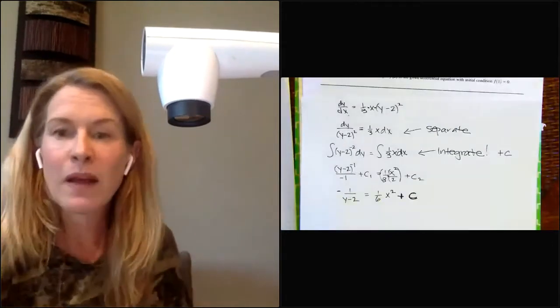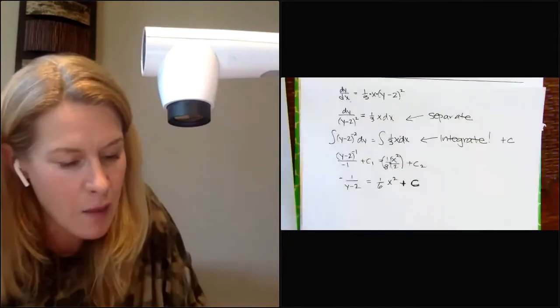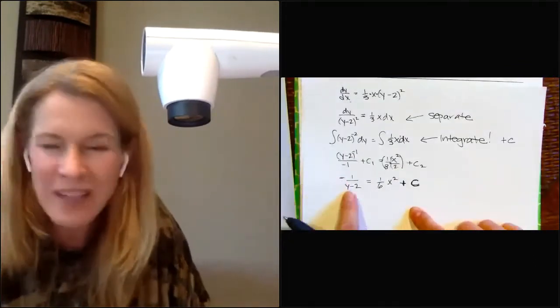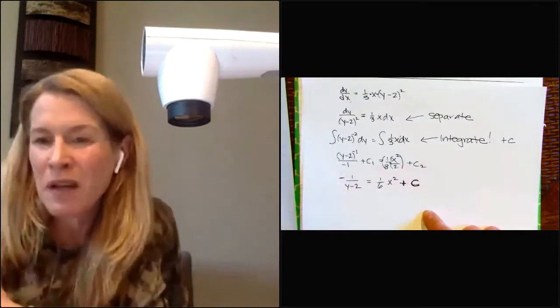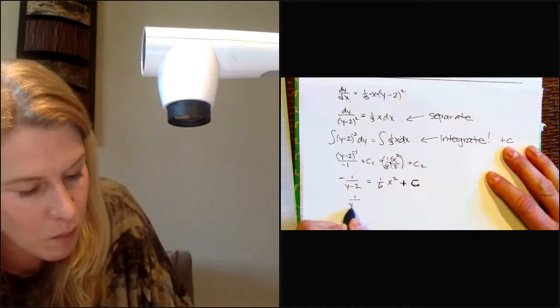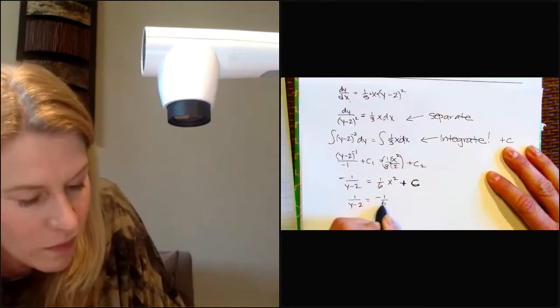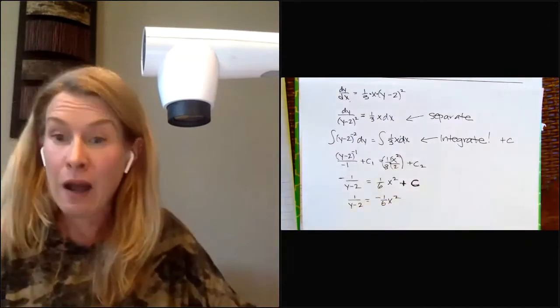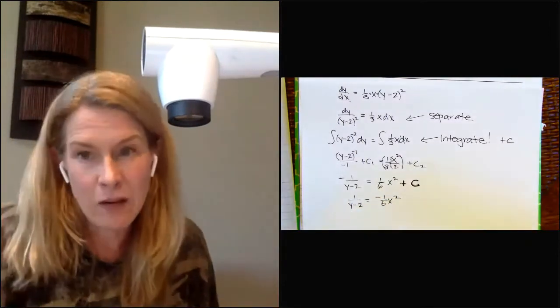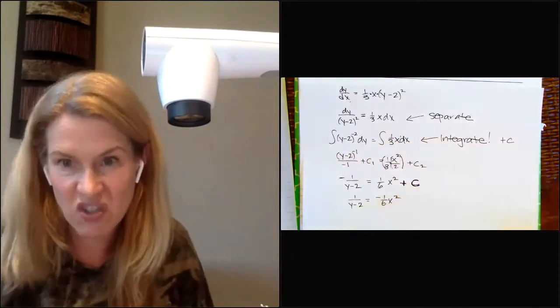And again, this is my deal with the plus c. I think this is kind of handy to keep in mind. So I have a negative here. I'm trying to get y by itself, so I'm going to multiply through by a -1. Everything's getting multiplied through by a -1. So this is all now positive 1 over y minus 2. This is negative 1/6 x squared. Now, my take on this is if I multiply a constant by a negative, it's still just a constant.